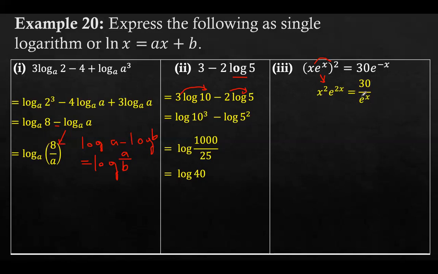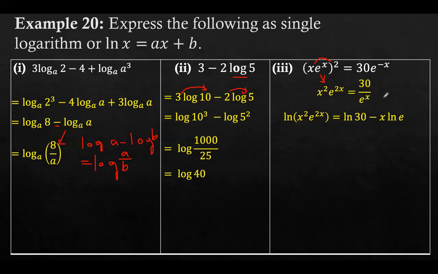So then the e to the power x, you times this part. All right, so we don't times, but we take ln for both sides. So you get ln of x squared e to the power 2x equals ln 30 minus x ln e.